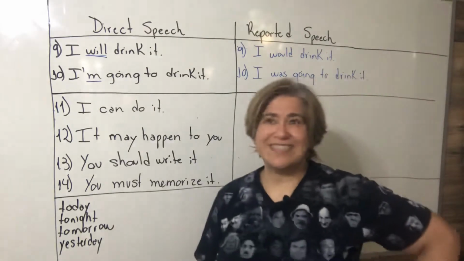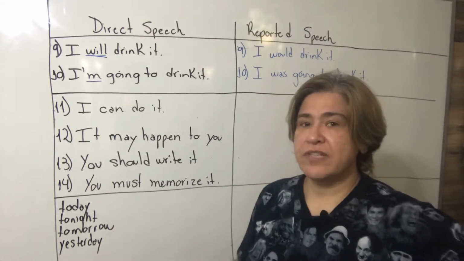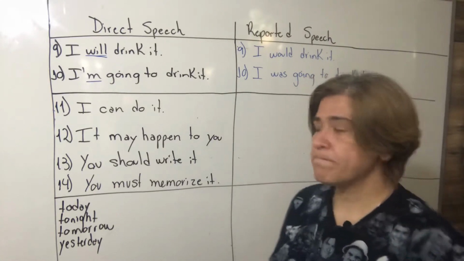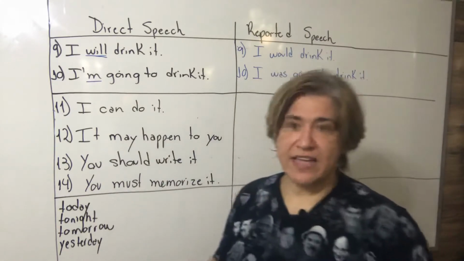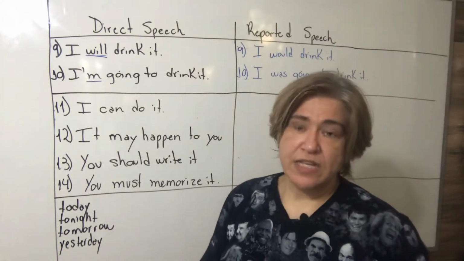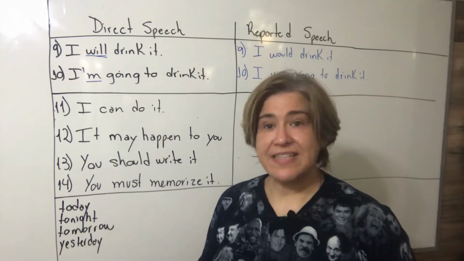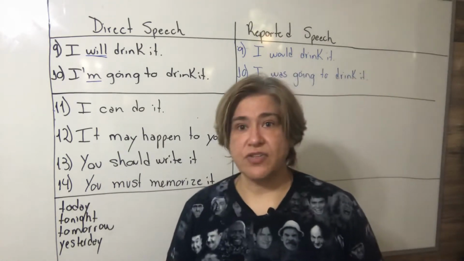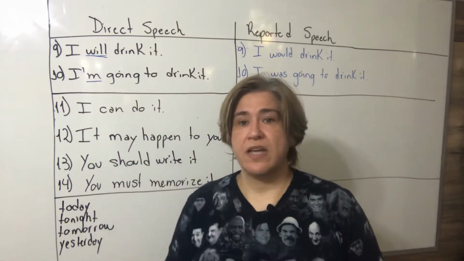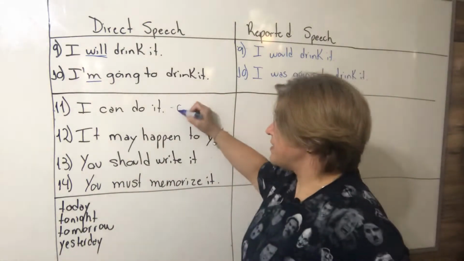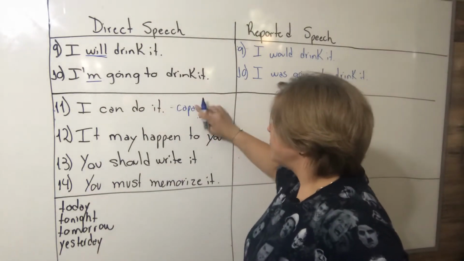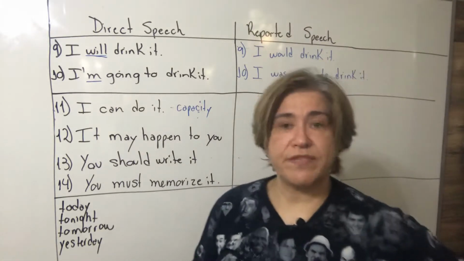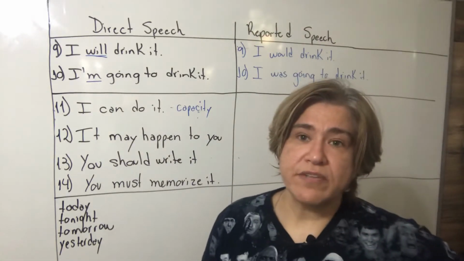Now, the ones you have to work, not only the reported speech, but also the interpretation, are the modal verbs, students. I can do it. Can here refers to capacity. So for the past of capacity that we have studied since lesson 4, we have two possibilities. You might use the past of can, could, or there is the verb be able to.